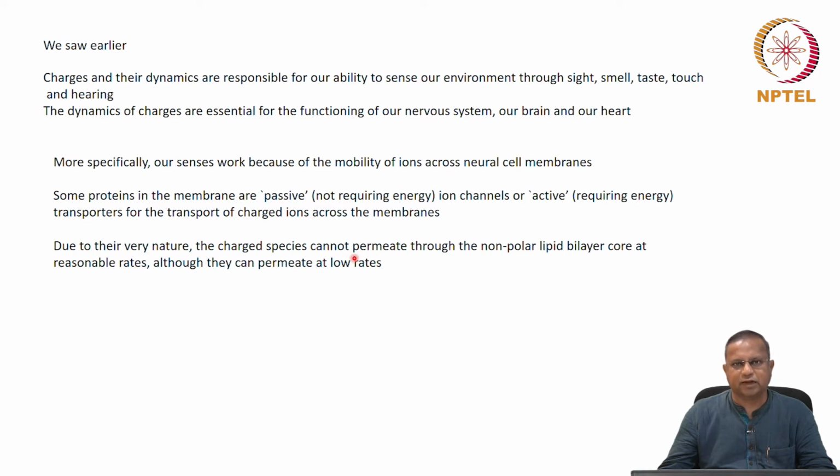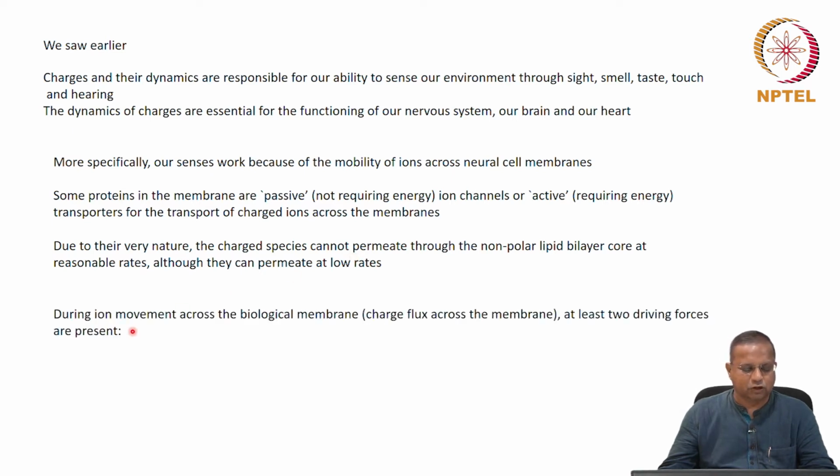What we discussed in detail just now. During ion movement across the biological membrane, or the charge flux across a membrane, recall mass flux across a membrane from many chapters ago, at least two driving forces are present. One driving force we've already seen. Here we are bringing in another driving force.